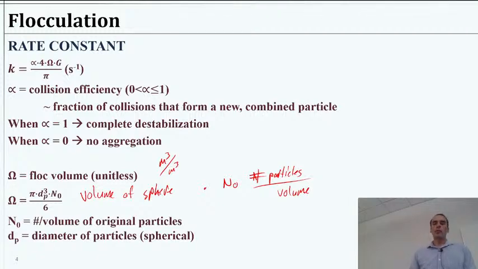A lot of times you'll receive information like you'll have 10,000 particles per liter, and you will have the diameter of a particle in like millimeters, right? So you need to convert the liters to something that matches the millimeters, and probably you're not going to work with millimeters. You'd probably just convert that to meters and do cubic meters, right? So whatever you do, you have to make sure the units match. Okay, any questions there?